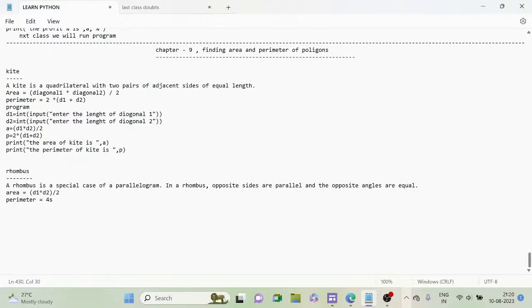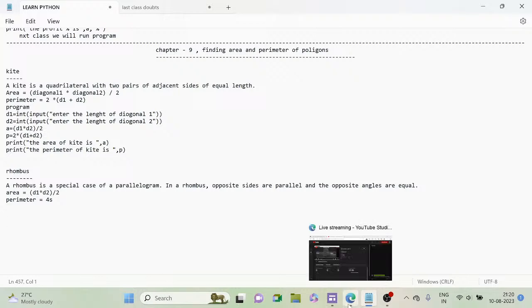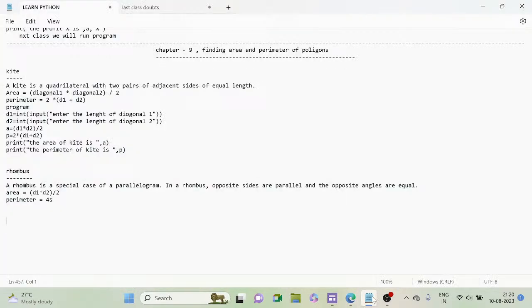The third operator we will be discussing soon, and at last the fourth operator. Then we will be winding up this batch within the next 5 or 6 classes.